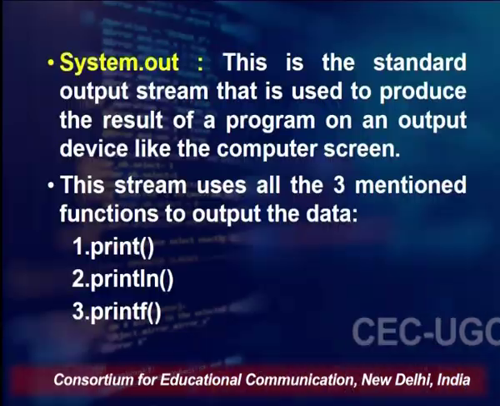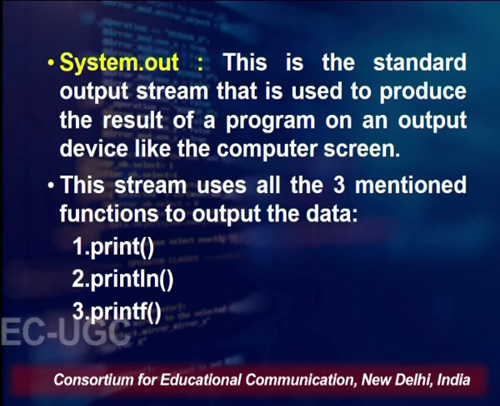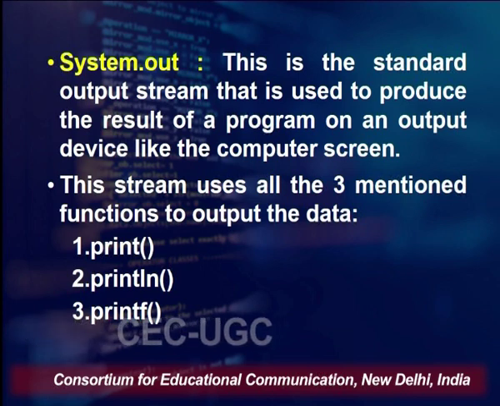And printf is there for printing formatted output, which is more prominently used in C or C++, but in Java we can also use it if we need a pre-formatted output.